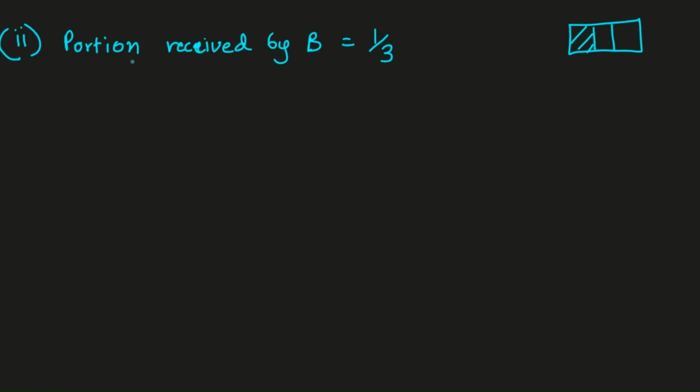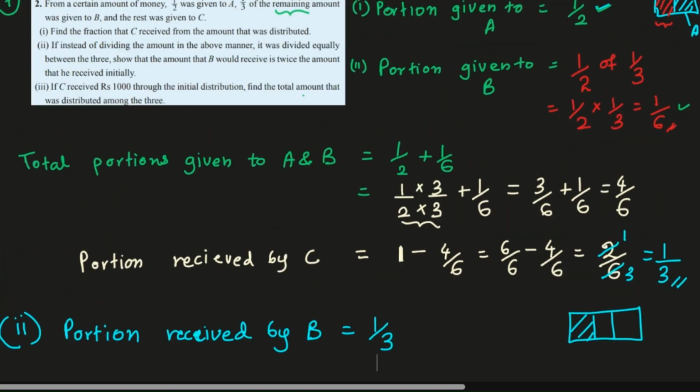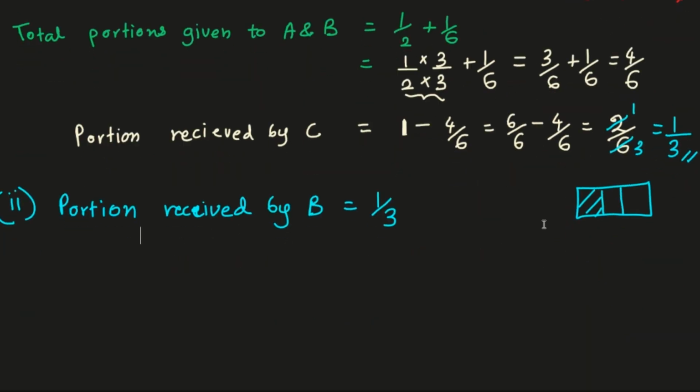So the portion received by B will be 1/3. Earlier, what was the portion received by B? It was 1 upon 6. If B is given the earlier portion, then the portion received by B in the earlier situation will be 1 upon 6. So what do they ask you?